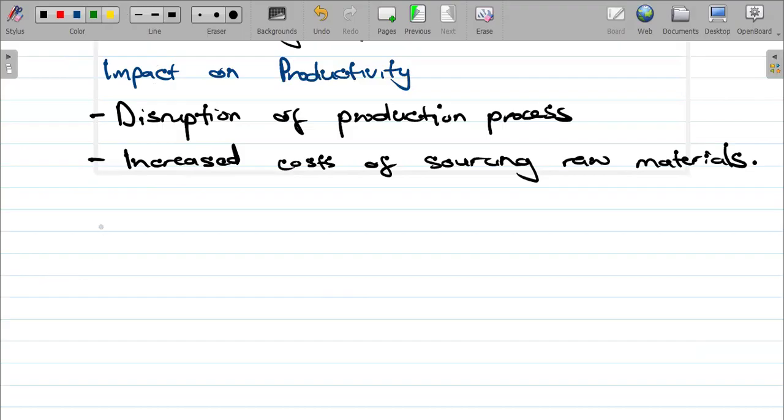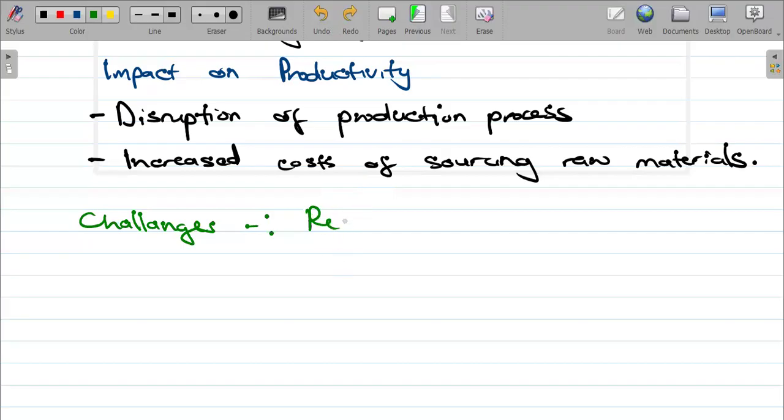So you can find that production output will be reduced, since the raw materials are not available.